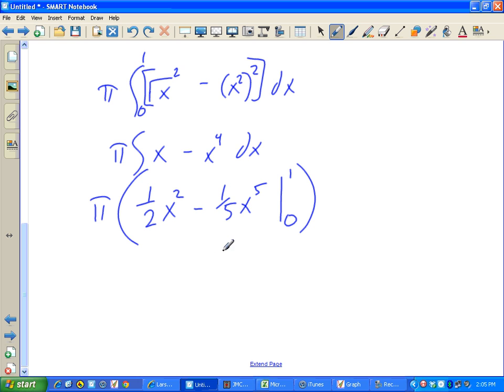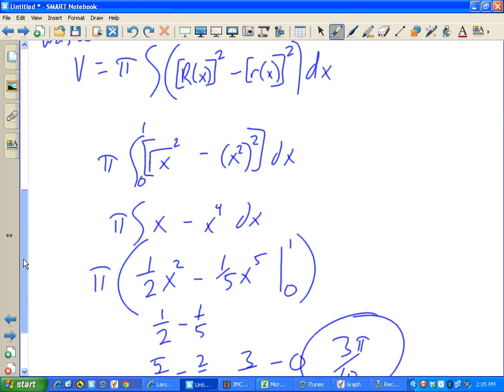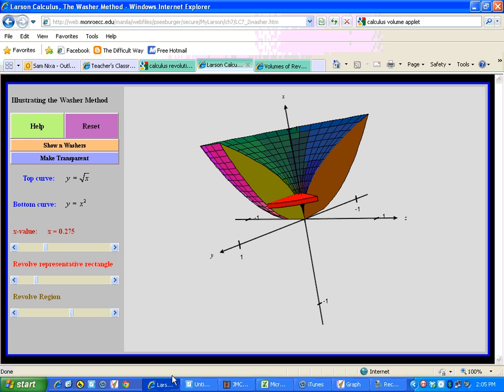So when I put 1 in, I get 1/2 minus 1/5, which would be 5/10 minus 2/10, which is 3/10. Minus the thing I get when I plug in 0, which is 0, so it's 3/10 times pi, so it's 3 pi over 10.